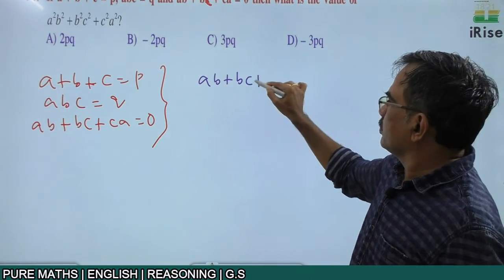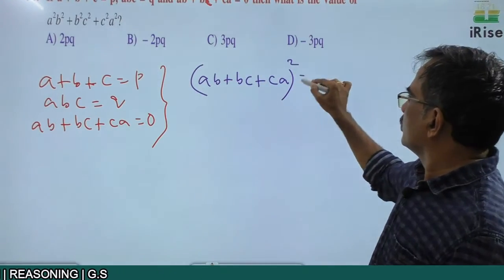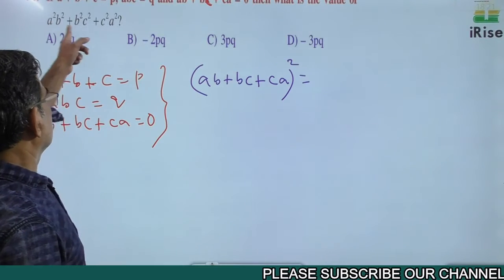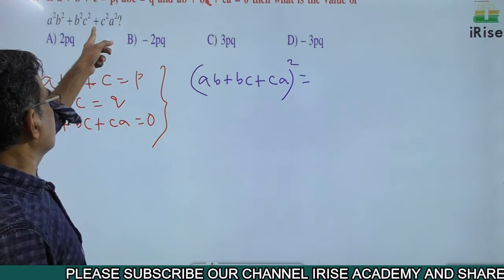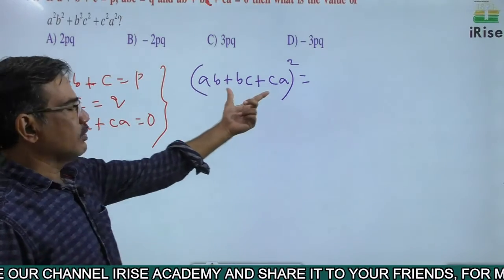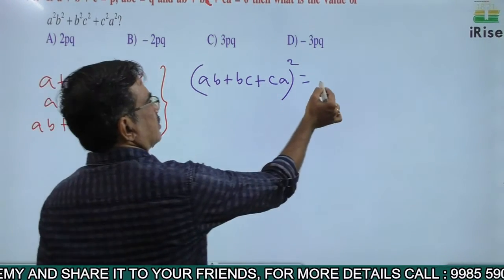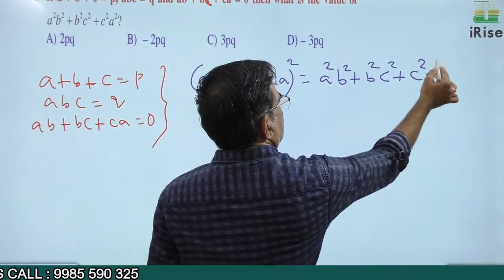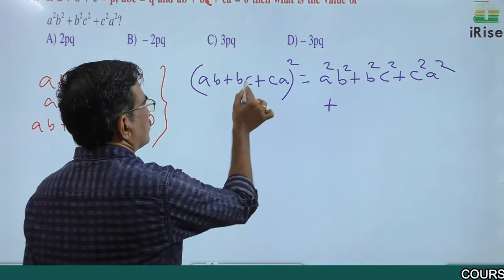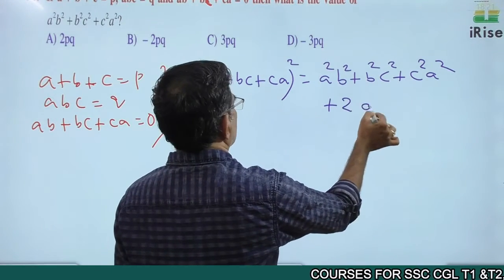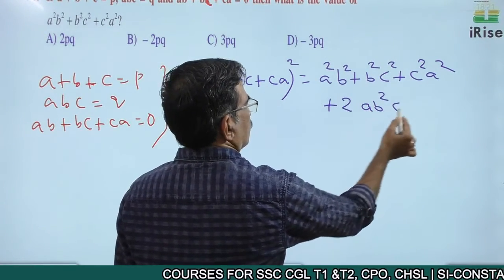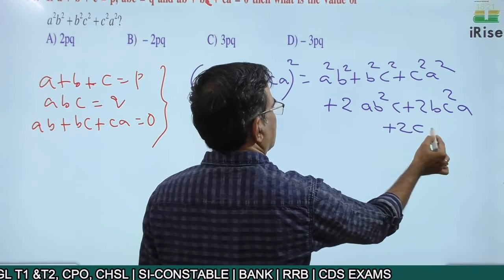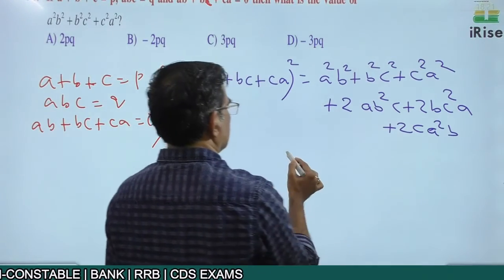(ab plus bc plus ca) whole square is equal to how much? Here the question is a square b square plus b square c square plus c square a square. To get that, I want to square this. This is nothing but a square b square plus b square c square plus c square a square plus 2 times ab square c plus 2 times bc square a plus 2 times ca square b.